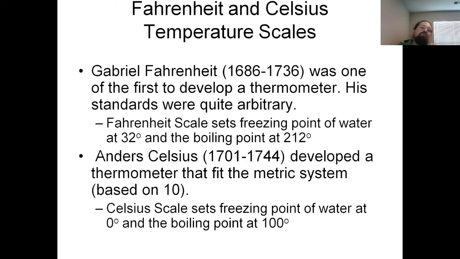And I'm sure it made sense to him, but freezing and boiling being 180 degrees apart and specifically freezing happening at 32 seems kind of weird to the rest of the world.